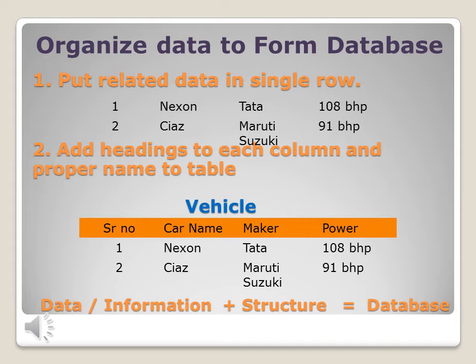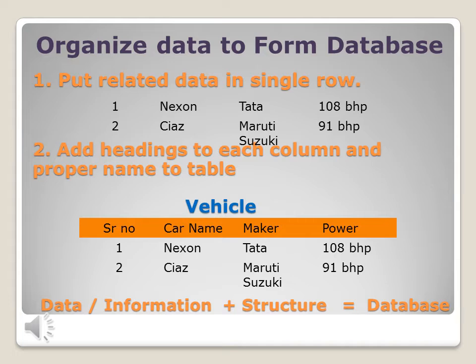You can see in the table that row number 1 has Nexon, Tata and 108. Next is row 2, Ciaz, Maruti Suzuki, 91 bhp. Like this we can put all the related data into a single row.